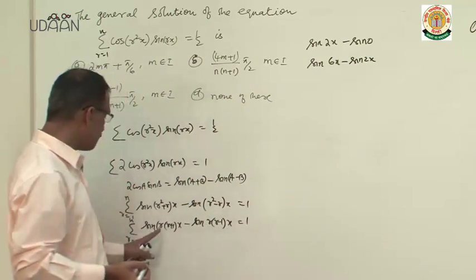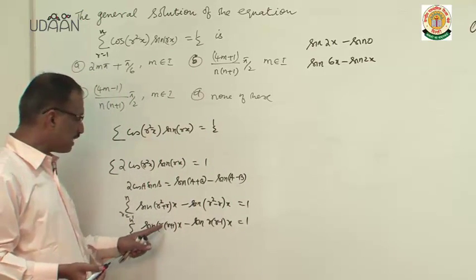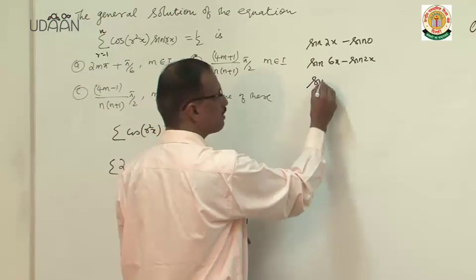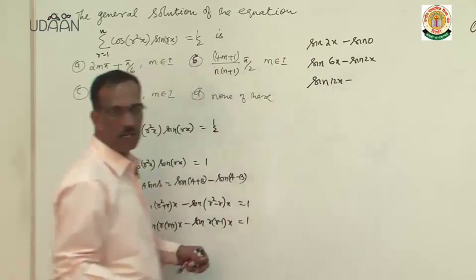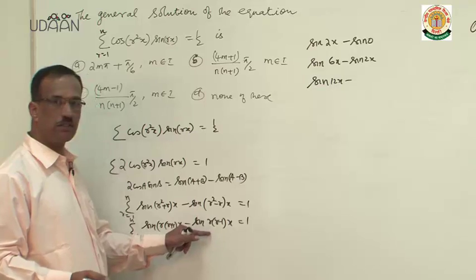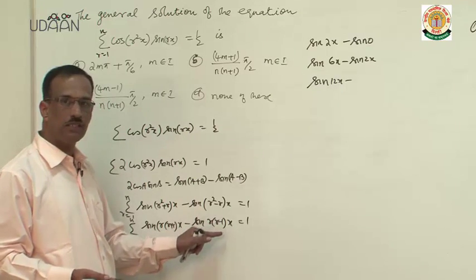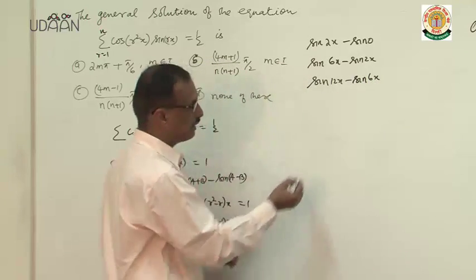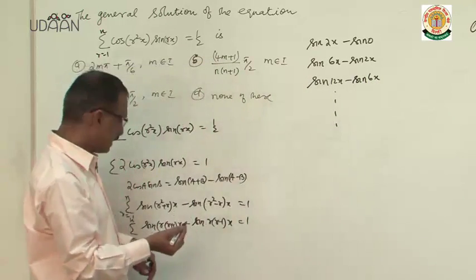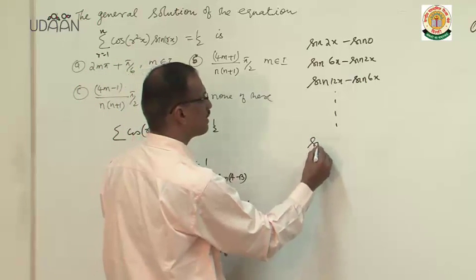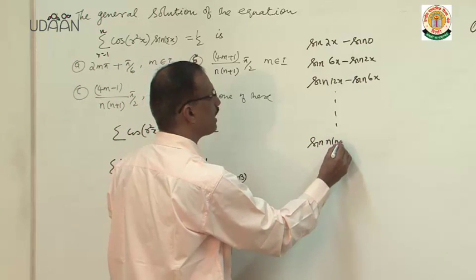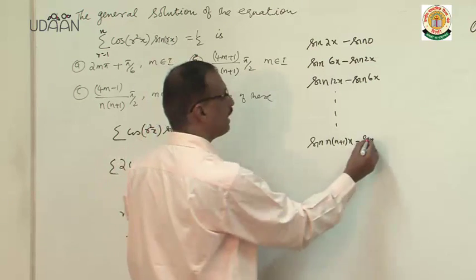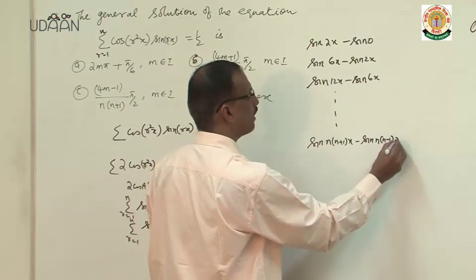Then again, if you put 3 here, you get sin of 3 into 4, that becomes sin 12x, minus sin 6x. Like this way, the last one is sin n into n plus 1 x minus sin n into n minus 1 x.